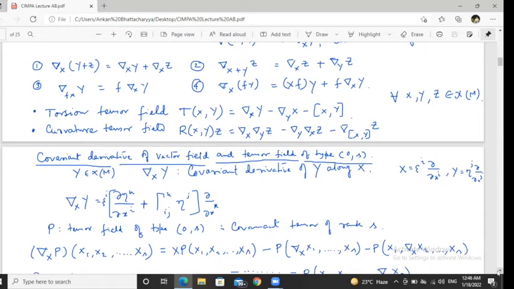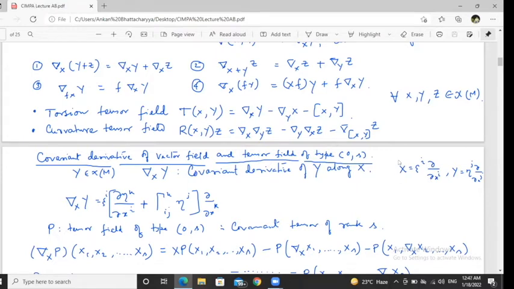Now from here we start being a little more rigorous: the covariant derivative of vector fields and tensor fields of type (0,s). If Y is a vector field, then ∇_X Y is the covariant derivative of Y along X. X can be expressed as ξ^i ∂/∂x^i, because the ∂/∂x^i are the basis vectors of χ(M).